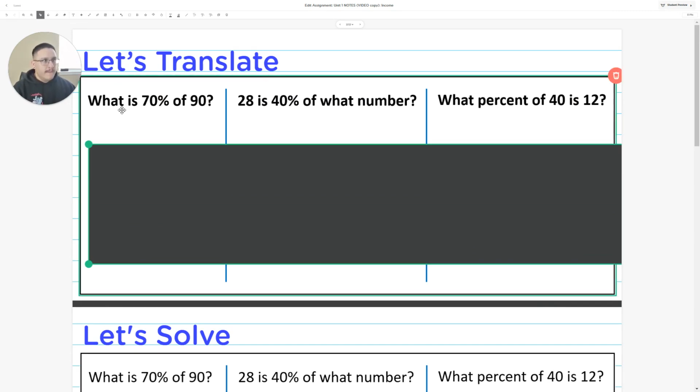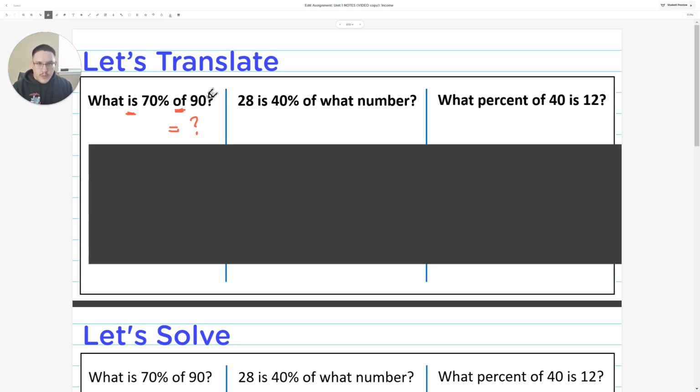So for example, what is 70% of 90? "Is" means equals. What is all of this equal to? We don't know. So this is the part we're trying to find out.